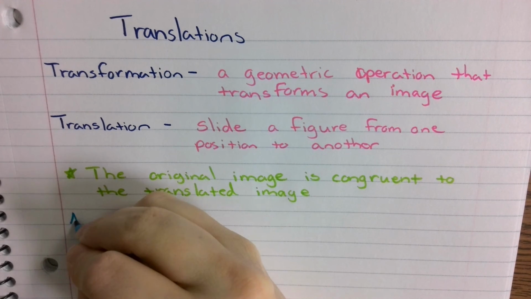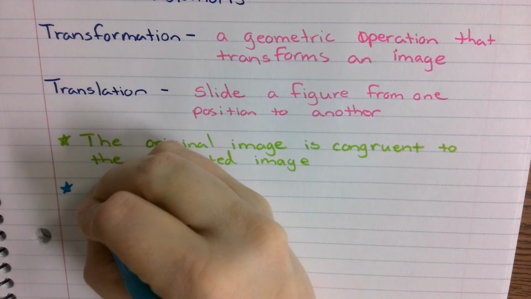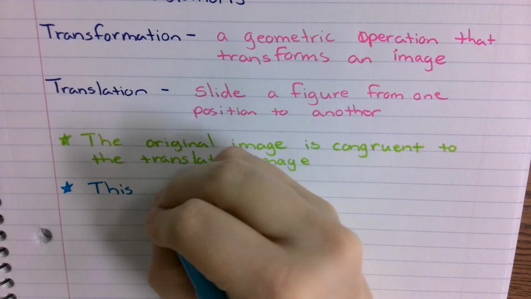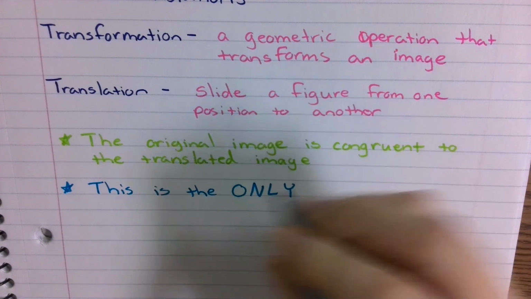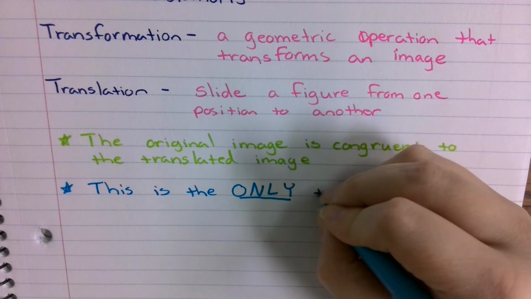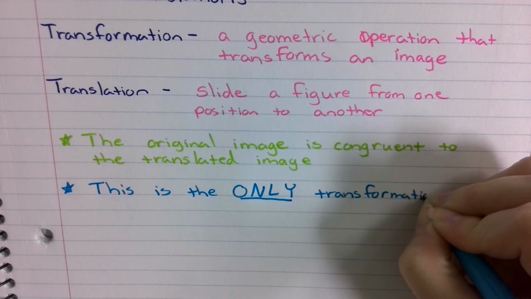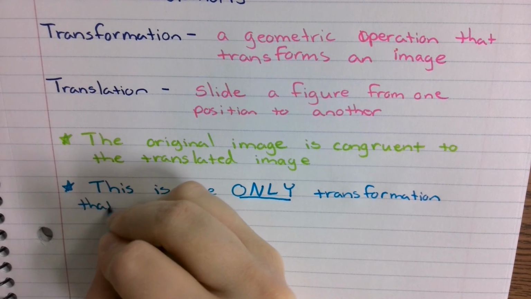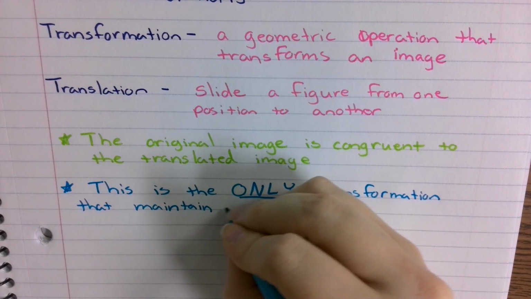All right, another very important key piece of information is this is the only transformation that maintains not only size, but also orientation, which means the direction that it's facing. That's very important to know. A translation is the only, and I'm going to put that in big capital letters and underline it too, it is the only transformation that maintains not just the size, but the orientation.